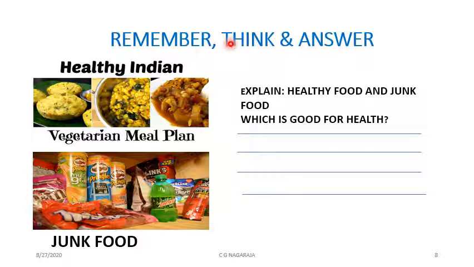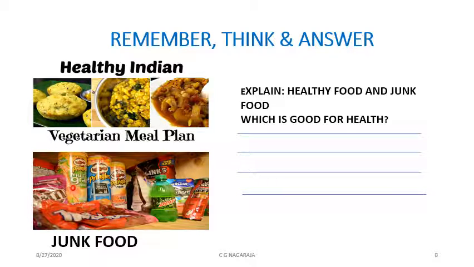Remember, think and answer looking at these 2 images. One image here shows 3 types of food items. One is rice or rava idli, and this is maybe corn, and this is the vegetables.